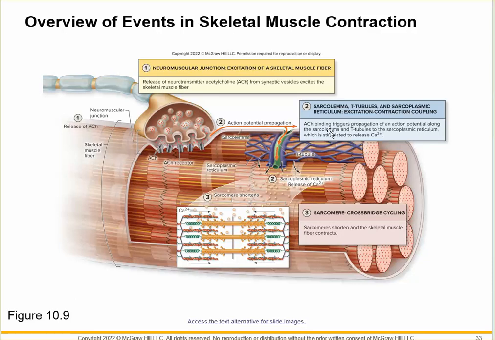And this will happen along every T tubule, surrounding every myofibril, at every sarcomere, in the entire muscle fiber, more or less simultaneously.